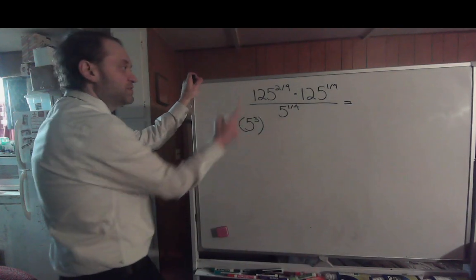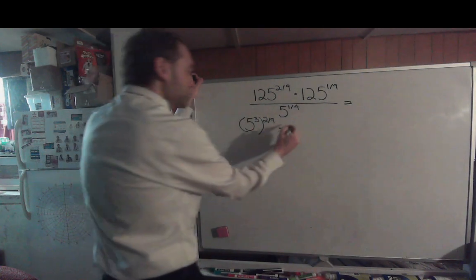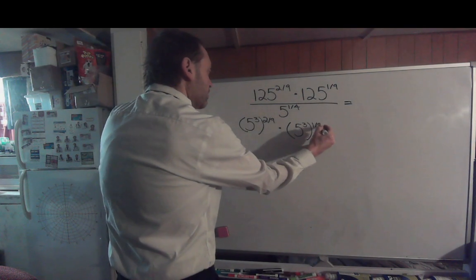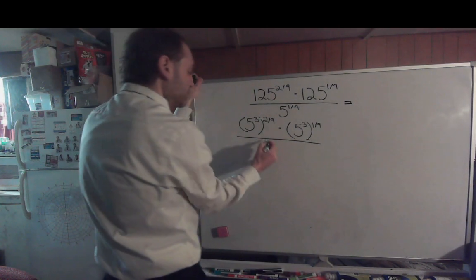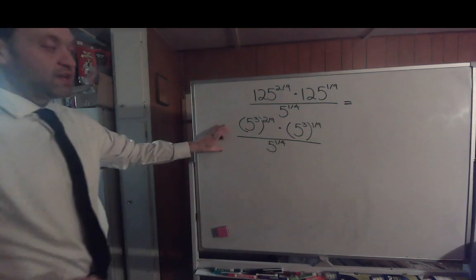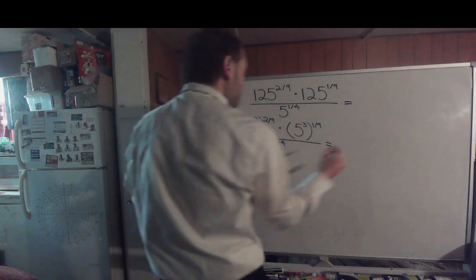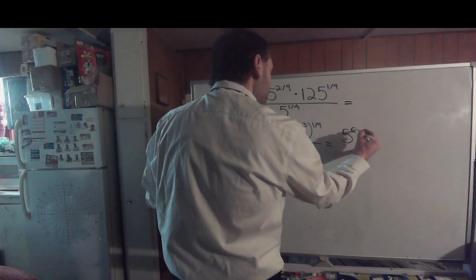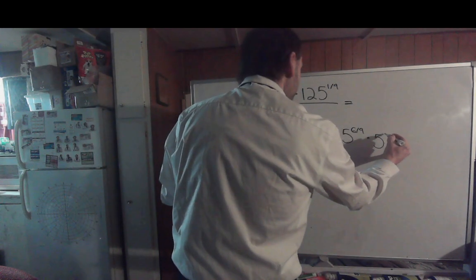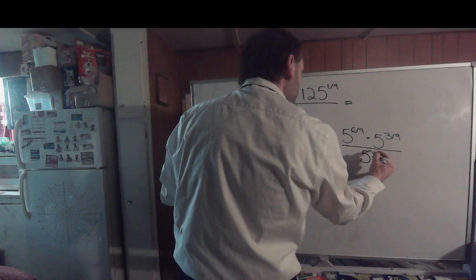So you can write this as 5 to the third to the 2/9 power times 5 to the third raised to the 1/9 power all over 5 to the 1/4. Now we've got the same bases, which is going to turn into 5 to the 6/9 times 5 to the 3/9 all over 5 to the 1/4.